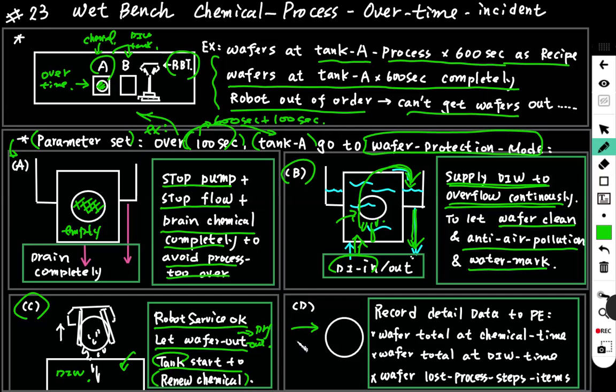And no matter what, when the wafer process has an accident, especially the overtime issue, we've got to record the detailed data and let the process engineer study the wafer and study how to rework it.